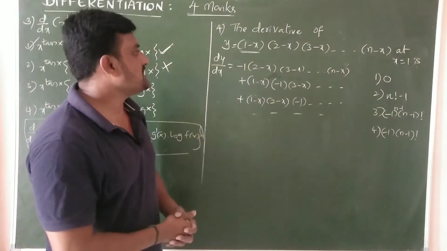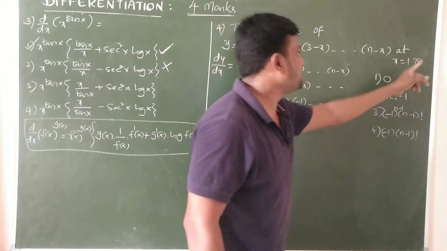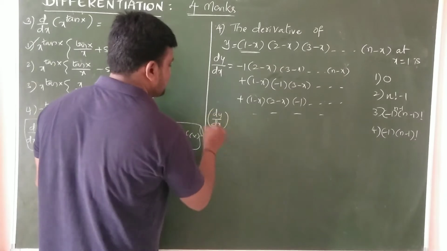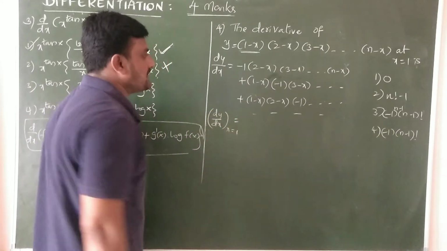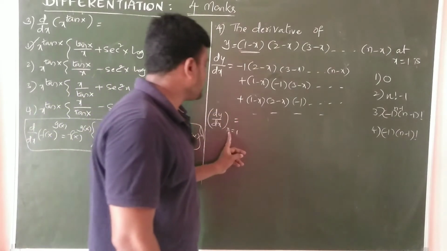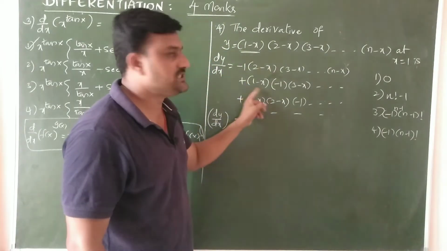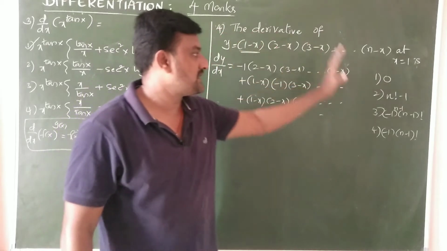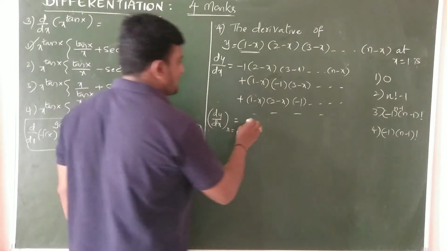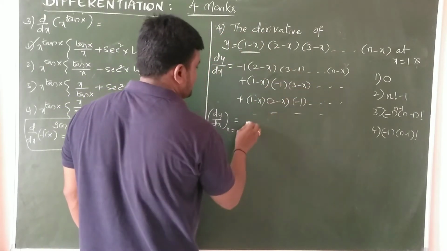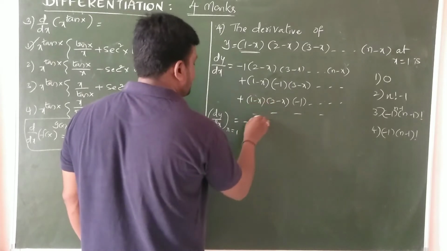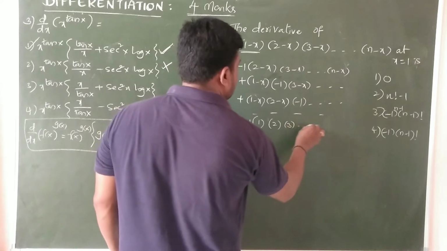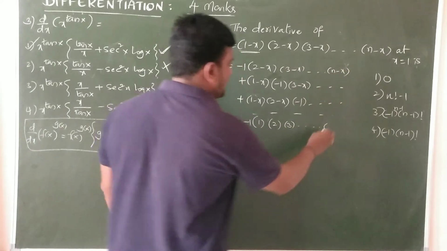Okay, now just observe, we can take x equals 1 only, dy by dx at x equals 1. If x equals 1, then 1 minus x should be 0. So except for the first term, all terms are 0, yes or no? So except for the first term, which is minus 1, now at x equals 1 it is 2, it is 3, now it is n minus 1.